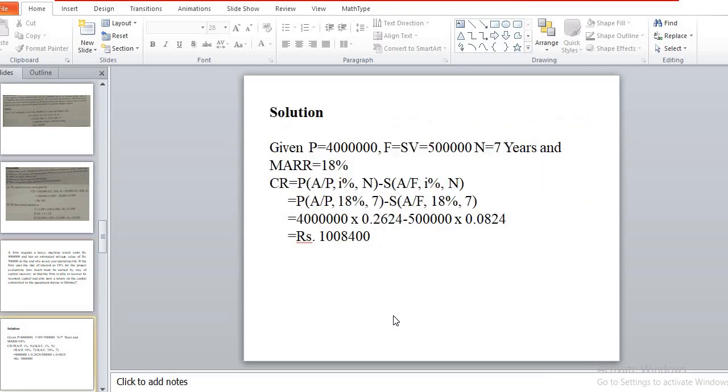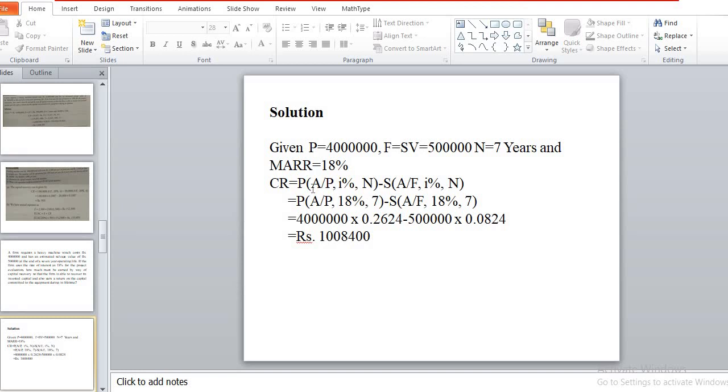What are the given quantities? The investment is 40 lakh, salvage value is 5 lakh, time period is 7 years, and minimum attractive rate of return is 18%.